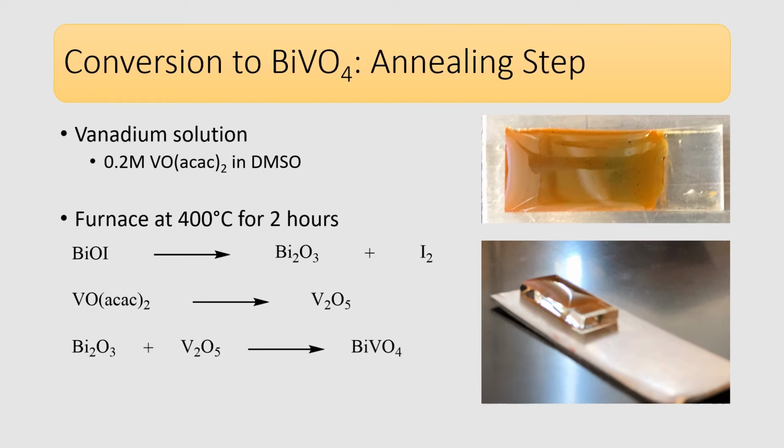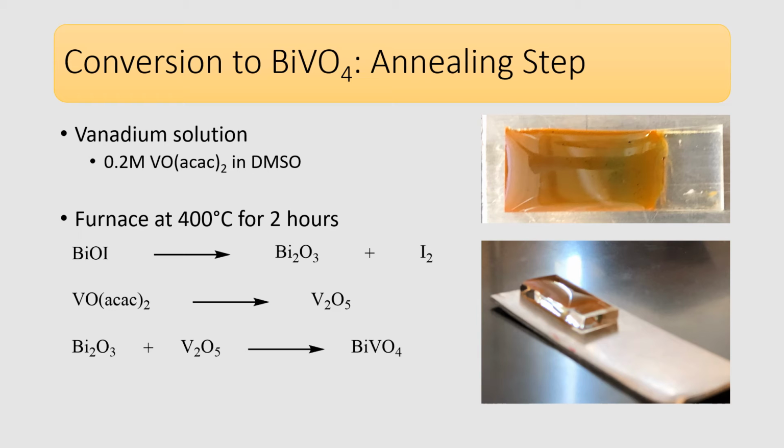So once we confirm that we have bismuth oxyiodide, we move on to the conversion process where we convert it into bismuth vanadate. The first part of the process is the annealing step. We covered the film surface with vanadium solution, and DMSO was used as the solvent in particular because of its wettability factor, making it easier to spread across the surface evenly.